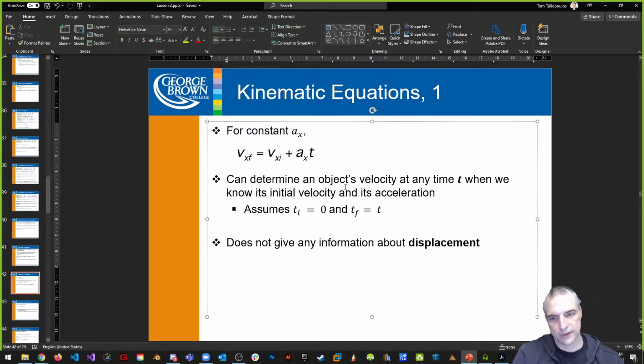One thing this equation does not give us is any information about the displacement. Not really. This just tells us that there is displacement. We don't know how much displacement because we don't know the initial position.